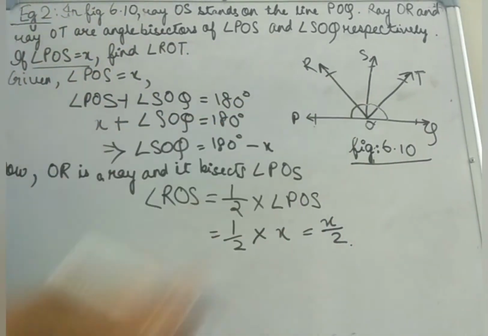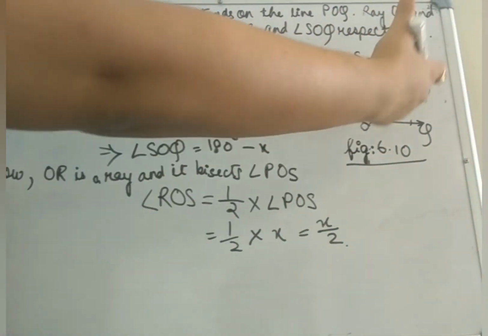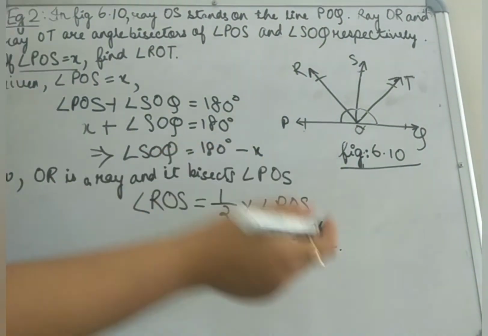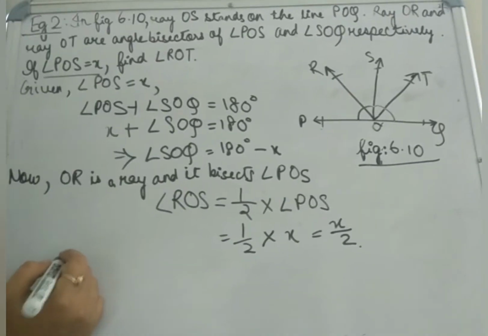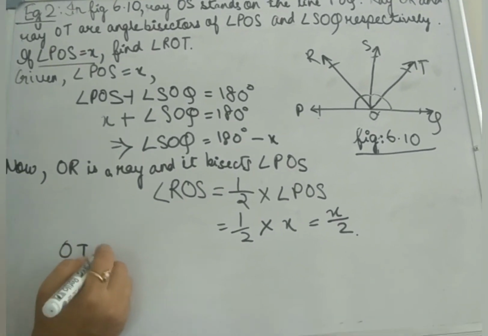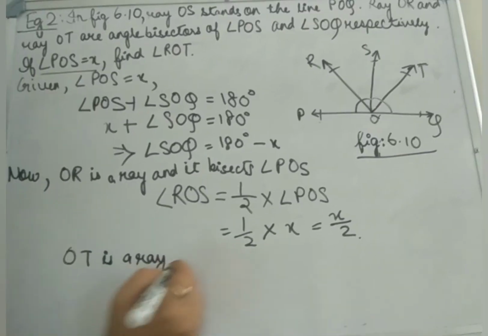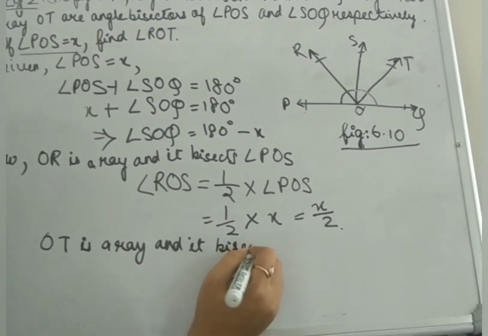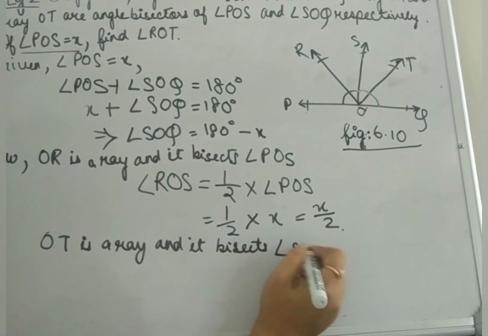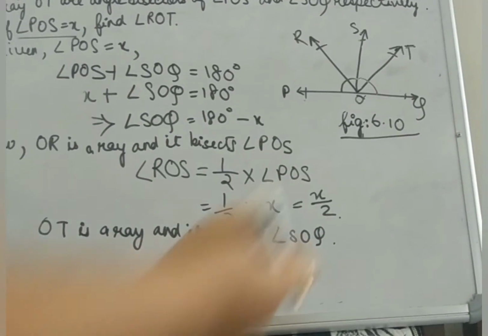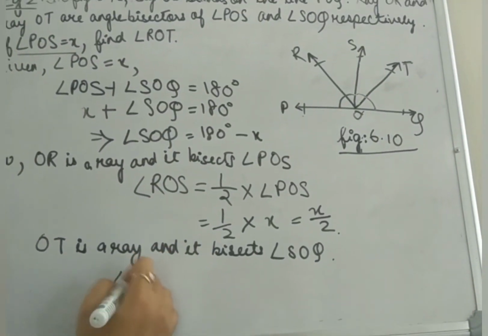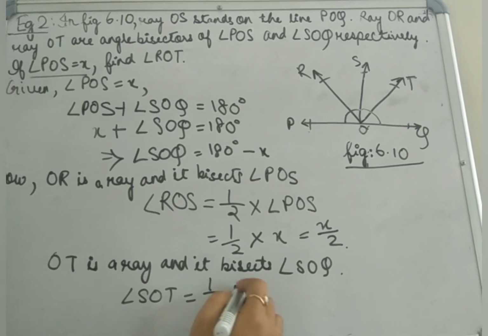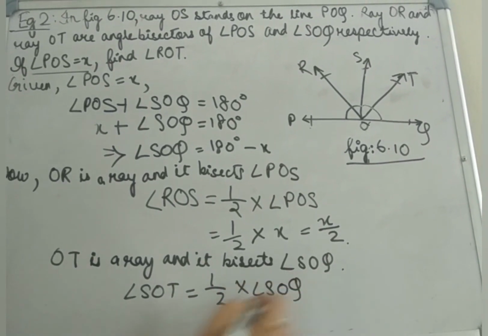Similarly, from this side, if we have to find angle SOT: OT is a ray and it bisects angle SOQ. So angle SOT will be half into angle SOQ.